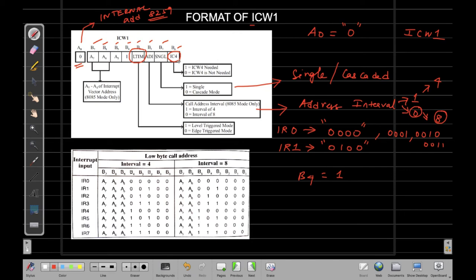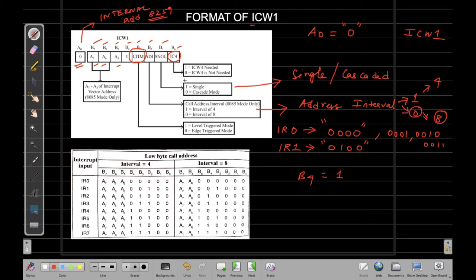The call instruction will have the opcode of call and the address location from where we wish to start the subroutine program. The lower bits of this subroutine address will be mentioned in the bits A5, A6, and A7. This will have the lower three bits of the interrupt which we are going to service.